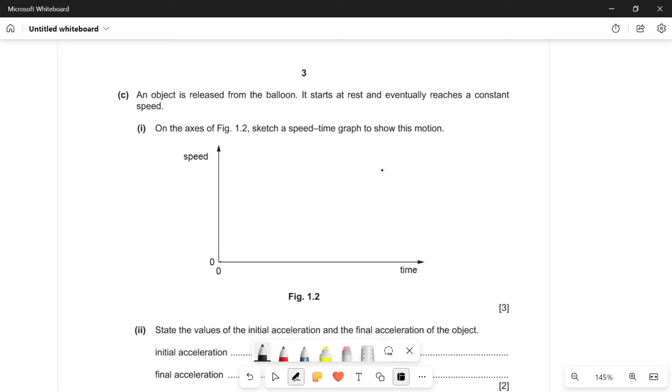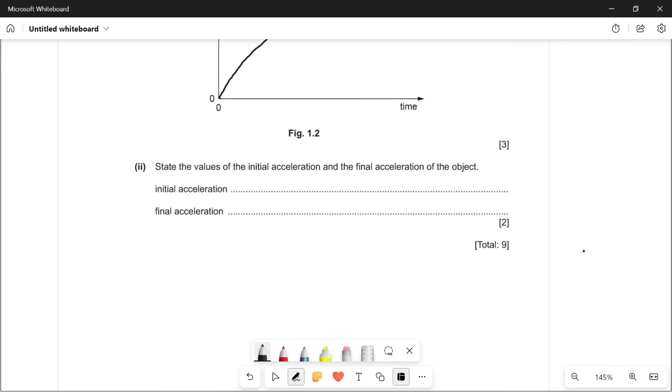So at the end of the graph we're going to have a horizontal line. The graph starts from the origin, then it's going to be a smooth curve, and then horizontal at the end. Something like this.